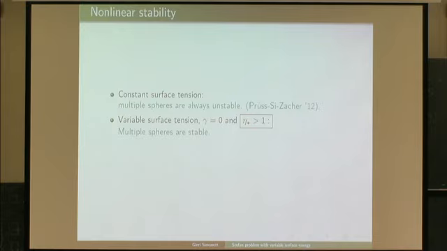If yes, you're stable, otherwise you're not. If you have multiple spheres, again in this case, then they're always unstable. And that's something that people expect. You could say that's something like the onset of Ostwald ripening. That is what I think people would expect from physical principles.